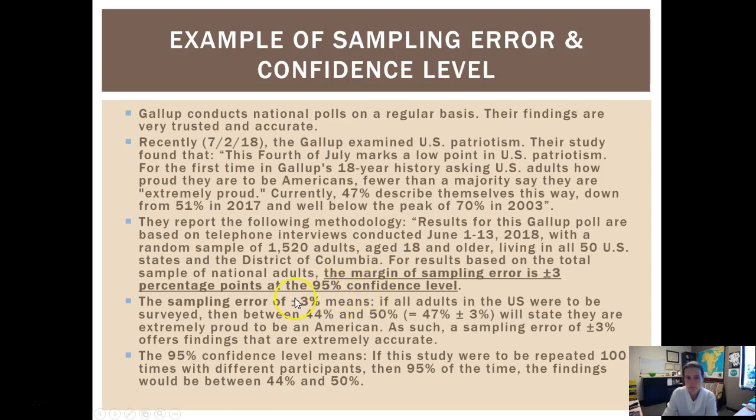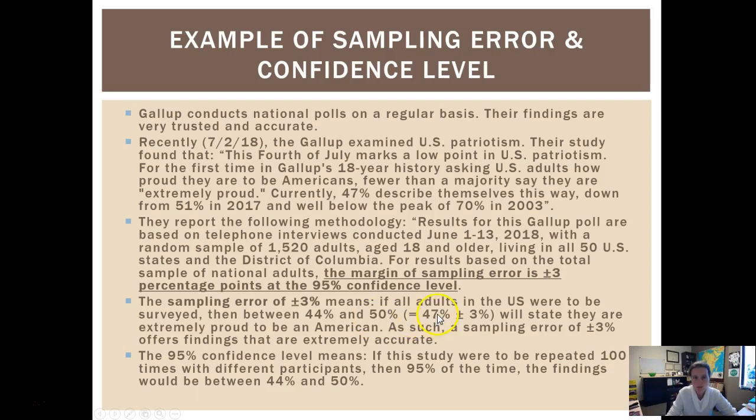So what this means, the sampling error of plus or minus 3%, is that if instead of sampling these 1,520 adults, we actually sampled all adults in the United States, then our findings would be between 44% and 50%.